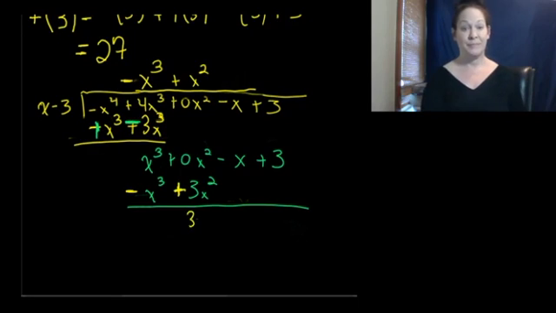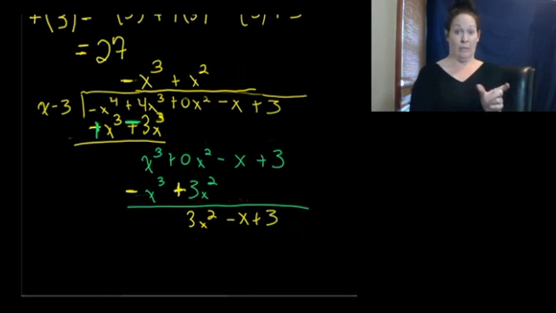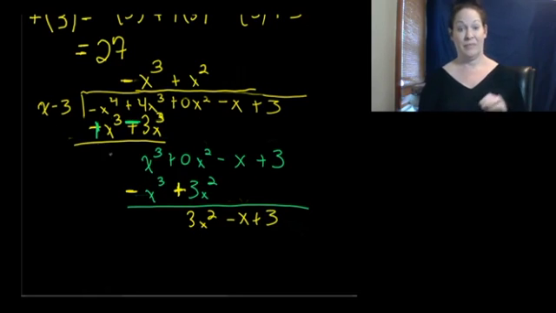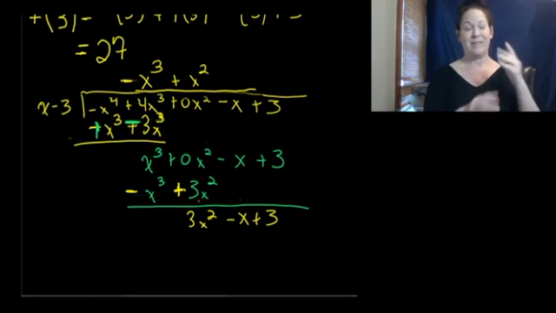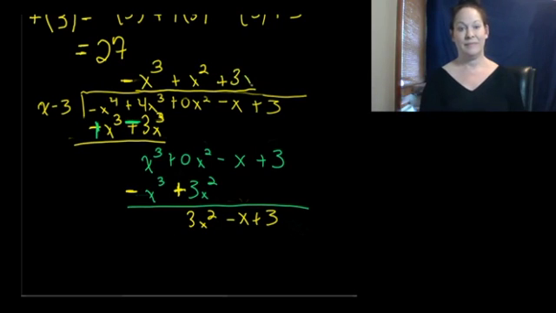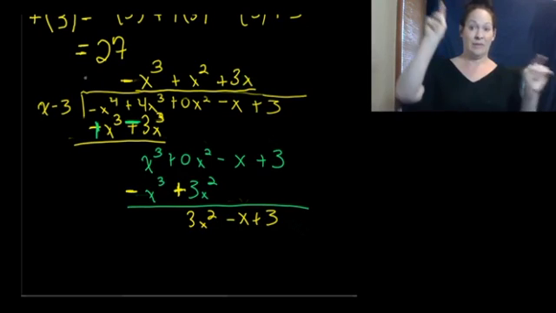And here I'll have 3x squared, and I'll bring down the rest. This is my new leading term, 3x squared. So 3x squared divided by x is positive 3x. So I'm going to multiply this back across.